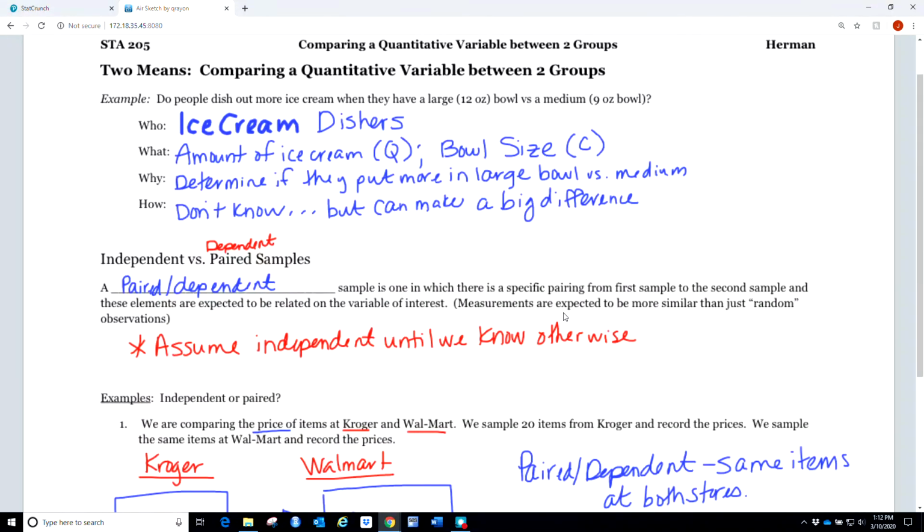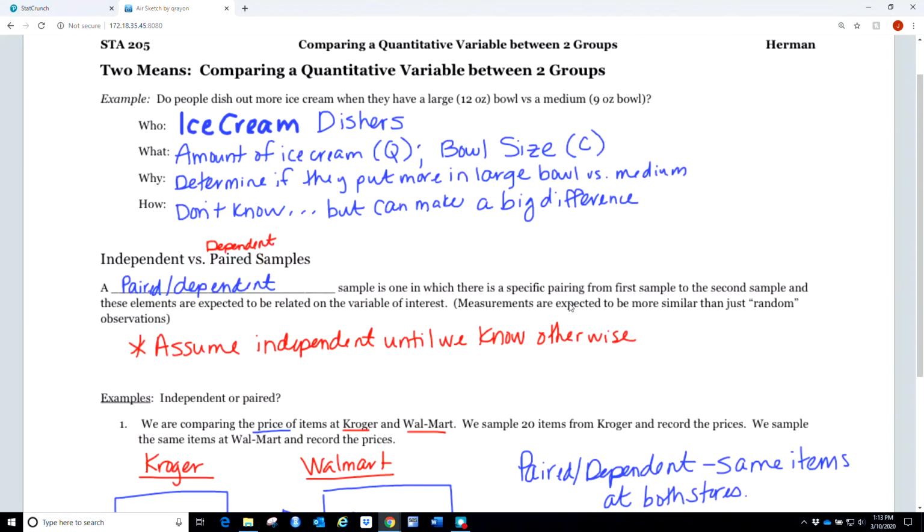So another example to end this video with for you is, suppose we wanted to see how happy husbands and wives are in their marriage. So I decided to sample 20 husbands, and ask them their happiness rating on a scale from 1 to 10. So let's suppose one of the husbands says a 7. So now if I just sampled any woman out there, I don't really have any expectation of what her happiness rating should be.